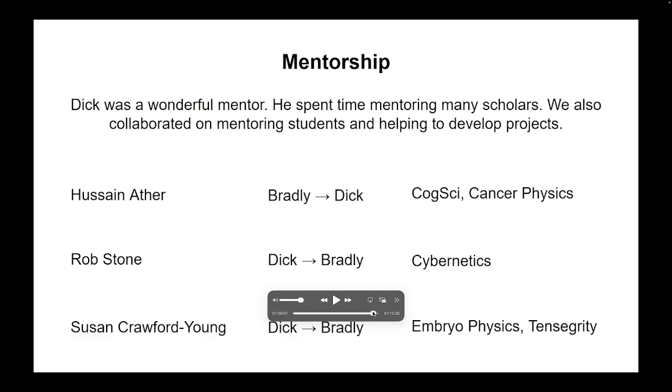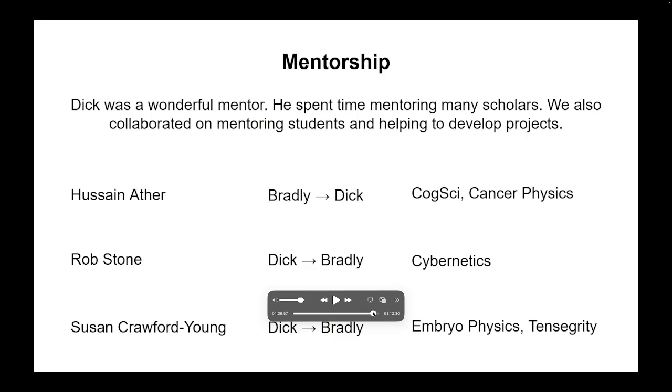And of course, he was a great mentor, and we exchanged a number of mentees between us. Some people would start off with me and move in the direction of what Dick was doing, other times it was the reverse, and a lot of times people were going back and forth.